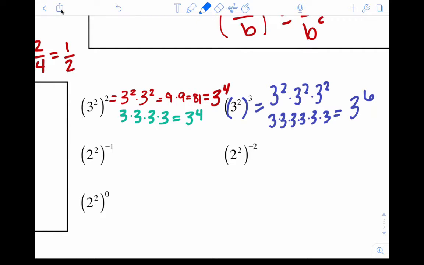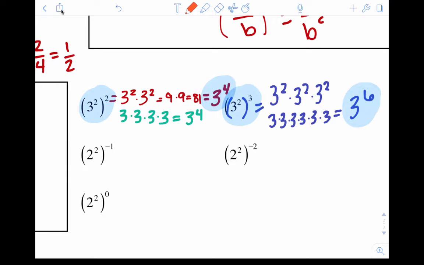So what is happening here? What is happening with my exponents? Well, if you look at the exponents in the original expression and then the exponent in the final expression, you'll notice that you're multiplying those exponents to get your final one. So let's see if that continues to happen with these other problems.